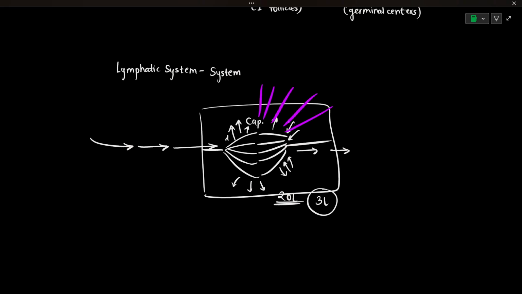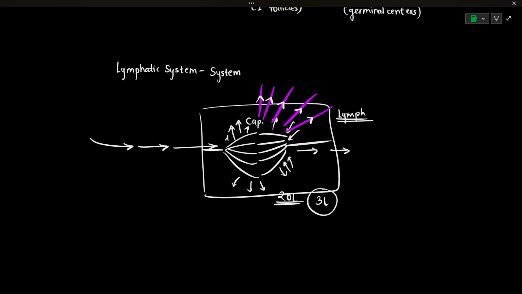These lymph vessels are one-way vessels. They will take up this interstitial fluid, and once it is taken in by the lymph vessels, it is known as lymph. Lymph is the Latin word for clear fluid. It is basically blood plasma, but with a different composition.